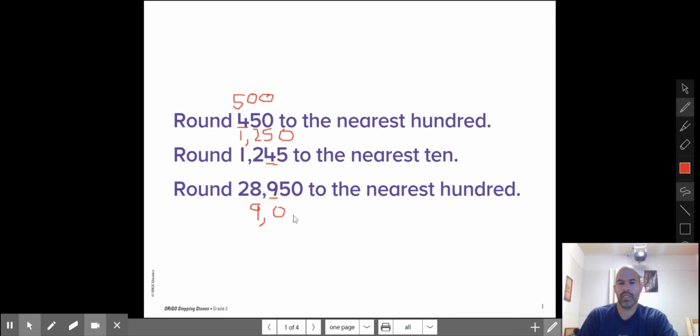I just want to make sure I didn't get that confusing for you. So it becomes 29,000. When rounding up to the nearest 100, the next 100 makes it jump into the thousands place value. Because if we add 100 more to 900, we get 1,000. So the thousands place value is affected also in this particular rounding.